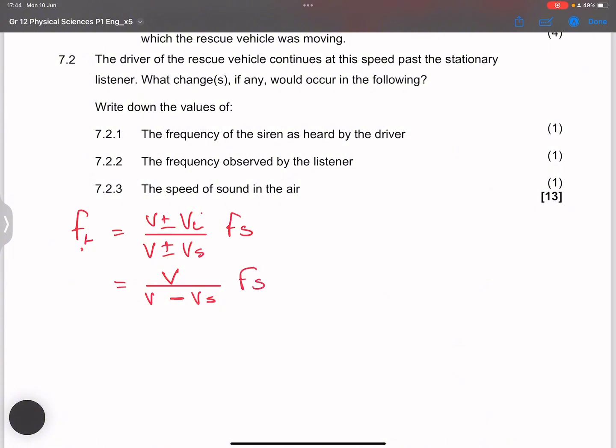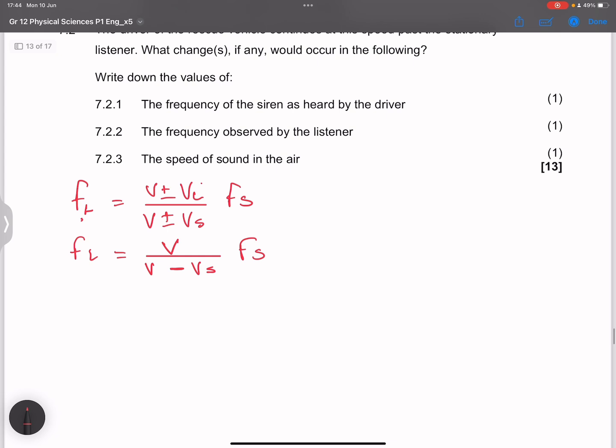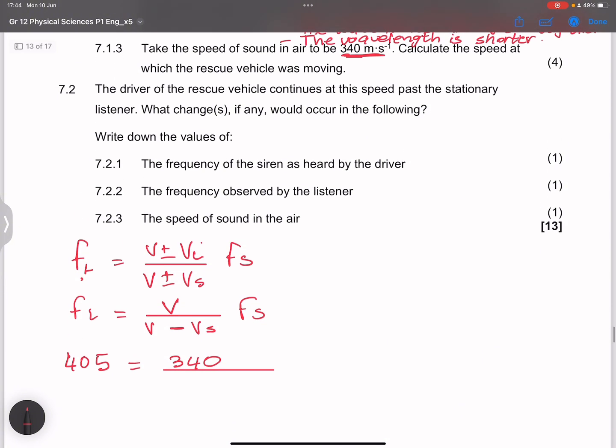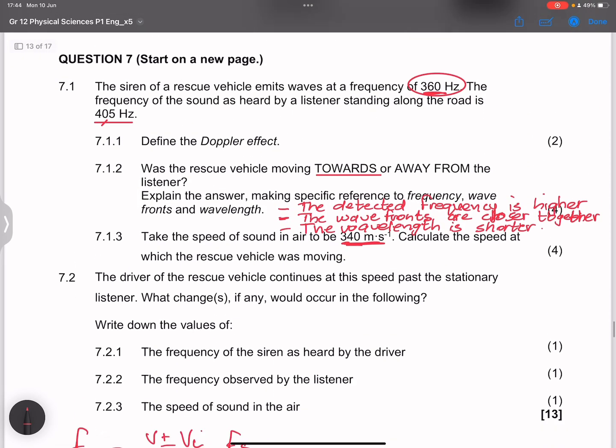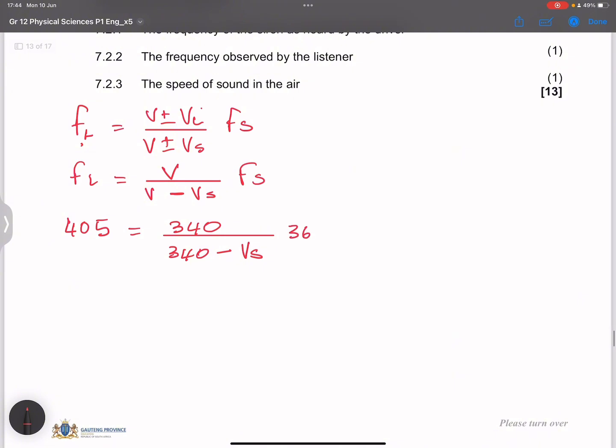So let's actually substitute the values that we have there. The detected frequency is 405, that's 340 divided by 340 minus vS, and the frequency of the source was 360. Well, it's really up to you how you want to solve this moving forward.